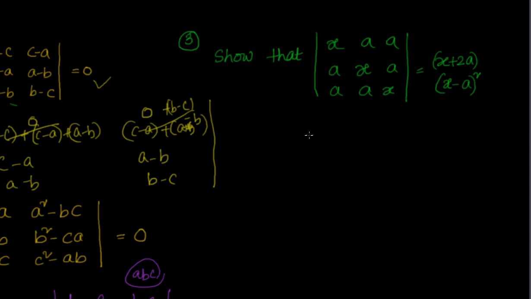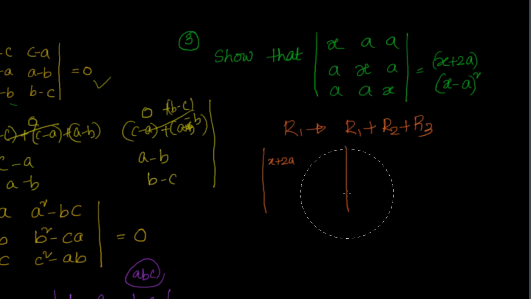Now what I will do here is, one thing I can do, I can add R1 is assigned R1 plus R2 plus R3, that will have x plus 2a, x plus 2a, x plus 2a, because R1 is assigned R1 plus R2 plus R3. Then what else you have remaining as it is?